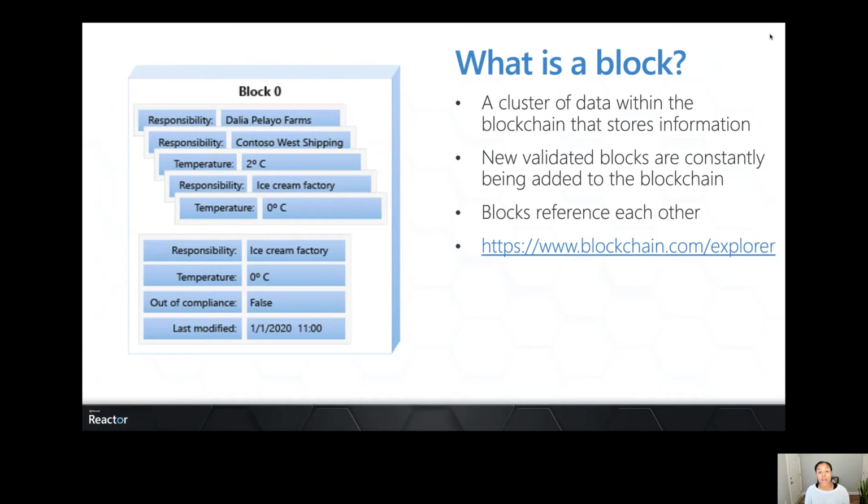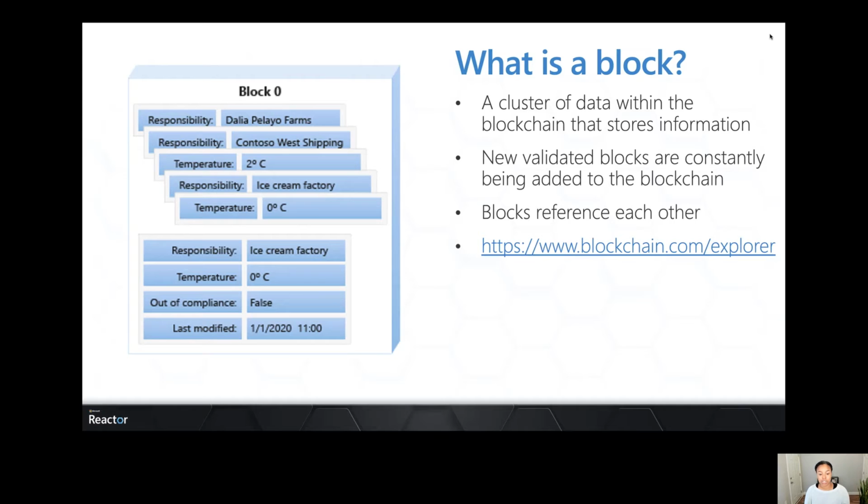Now let's talk about what is a block. A block is a cluster of data within the blockchain that has both a unique identifier, a hash, and a history. Blocks store transaction information such as date, time, or dollar amounts, as well as the signature of the transaction participants. If you look at this block, for example, I see it has a number of transactions.